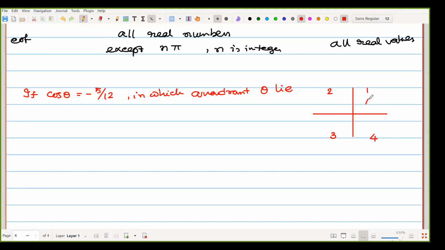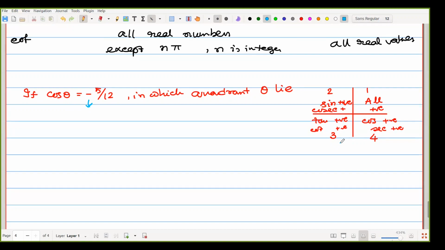Already we had all trigonometric functions are positive in the first, sine is only positive, or cosec is only positive in the second. In the case of the third quadrant, tan is only positive or cot is only positive. And in the fourth quadrant, cos is only positive or sec is only positive. So here that one is giving us a negative value.